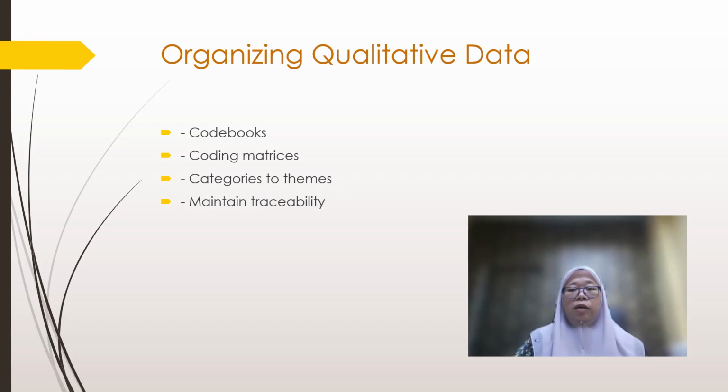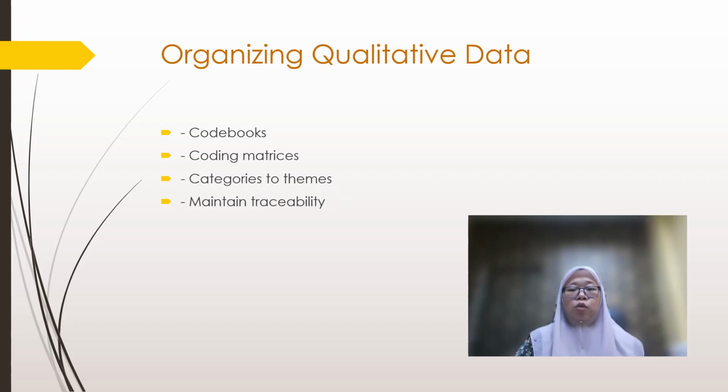Organizing qualitative data requires more than just labeling text. You should create a codebook that defines each code and provides examples so that your coding is consistent. You can also build coding matrices where participants' responses are aligned with specific codes. This helps you to compare patterns across the participants.